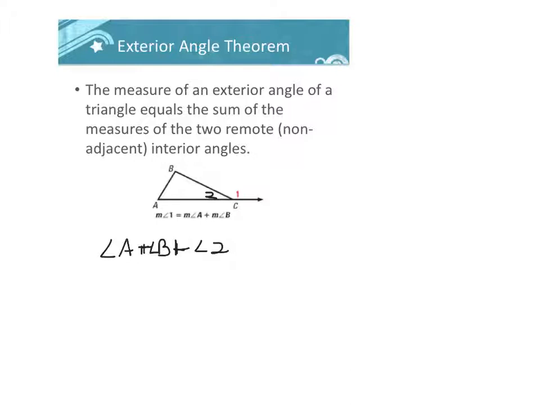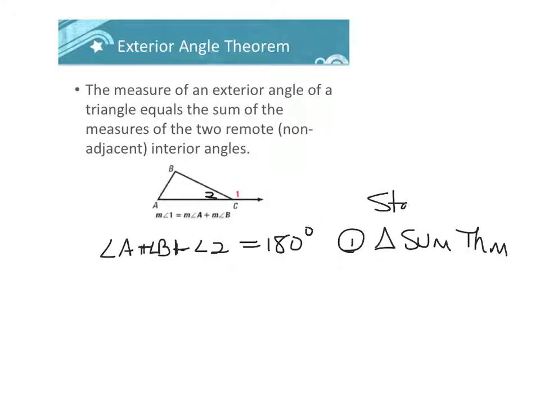All right? And I know that all 3 of those angles, when I add them, equals 180 degrees. And that reason would be the triangle sum theorem, which is what we just learned. So that's my statement. I'm sorry, that's my reason.